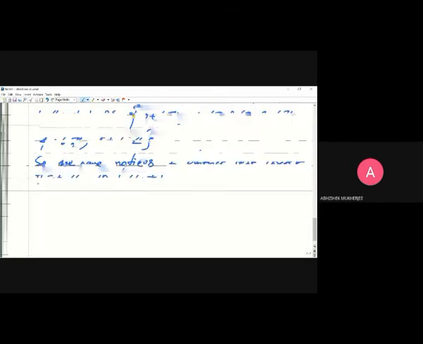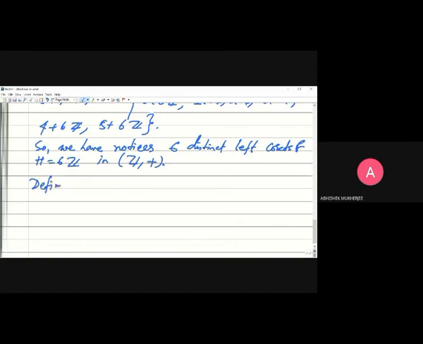What is that? The definition is that suppose you have a group, any group. Okay, let G be a group, and H be a subgroup of G.